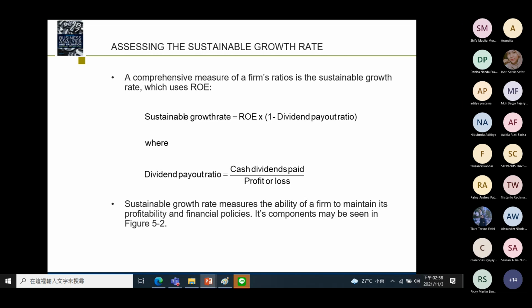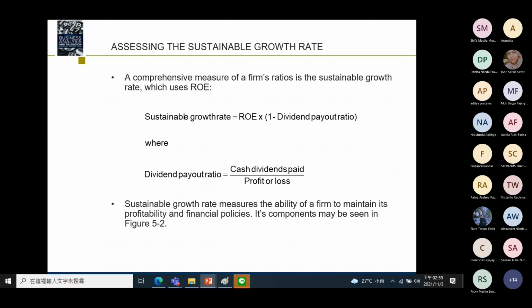Sustainable growth rate is the rate at which a firm can grow while keeping its profitability and financial policy unchanged. A firm's return on equity and its dividend payout policy determine the pool of funds available for growth.